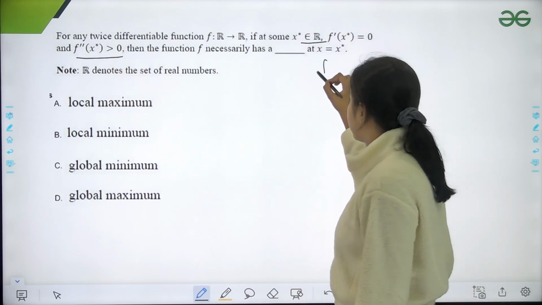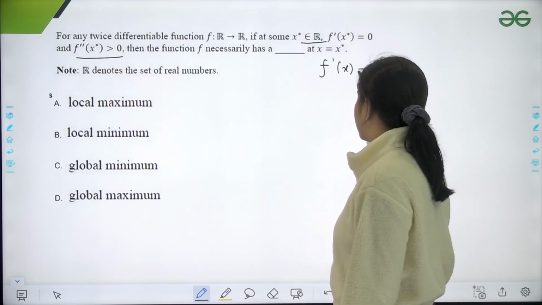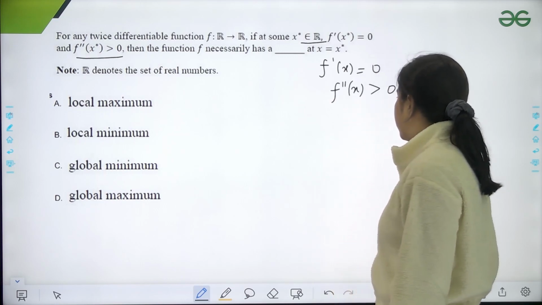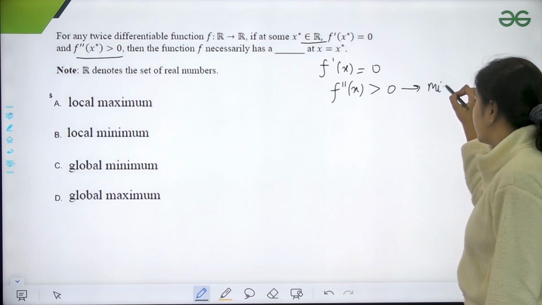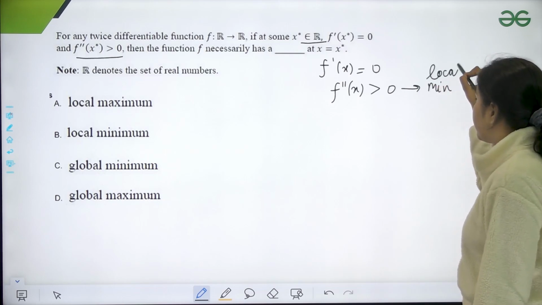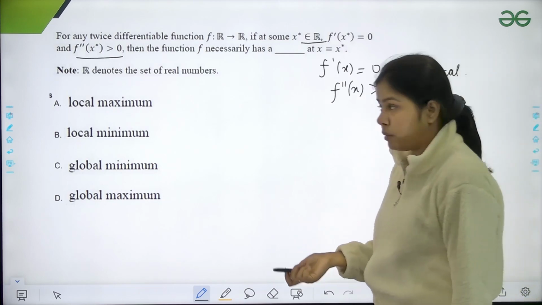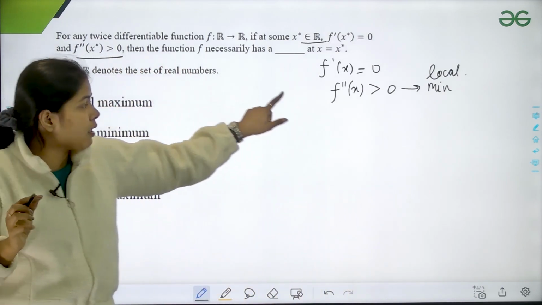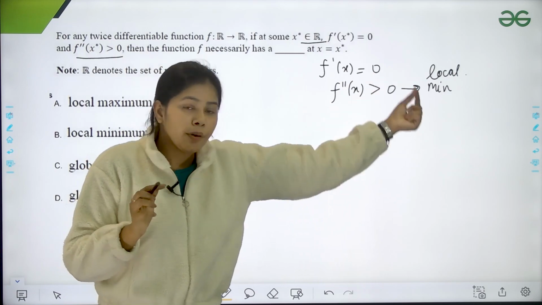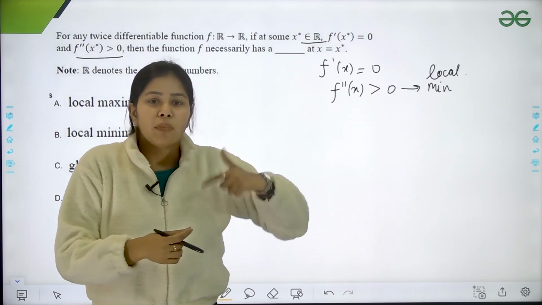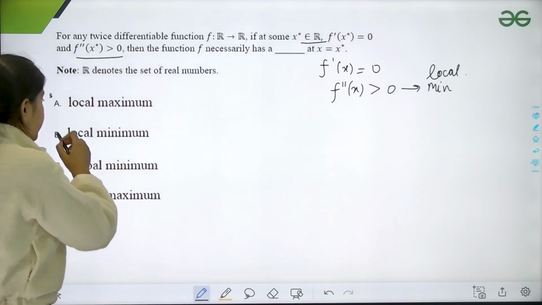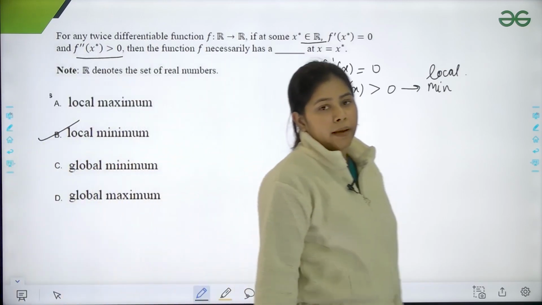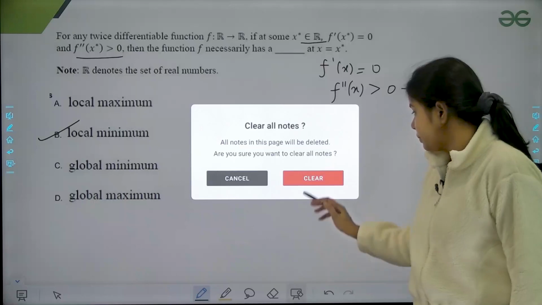In the second derivative test, if f dash x equals 0 and the double derivative is greater than 0, then we have a local minima, and it would be local because there may be a number of minimas. From this statement I know we have one minima at x star, but there can be multiple minimas. So that's why local minima is the correct option, right?